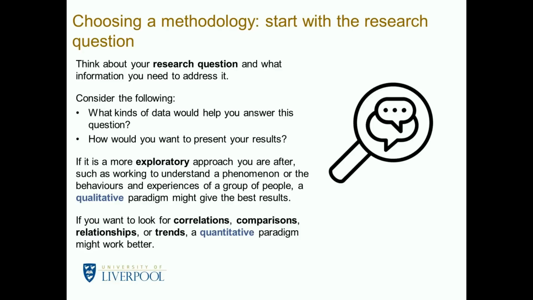So, in order to choose a methodology, essentially we need to start with a research question. Okay, so think about your research question, what information you need to address. And I think, as I mentioned on the previous slide, in order to set a research question, you need to do some groundwork.